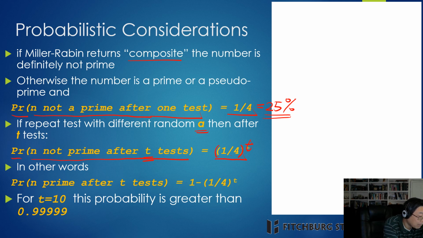What does that mean? If I use Miller-Rabin 10 times, let's say t equals 10, the chance that n is not a prime after 10 tests is (1/4) to the 10.